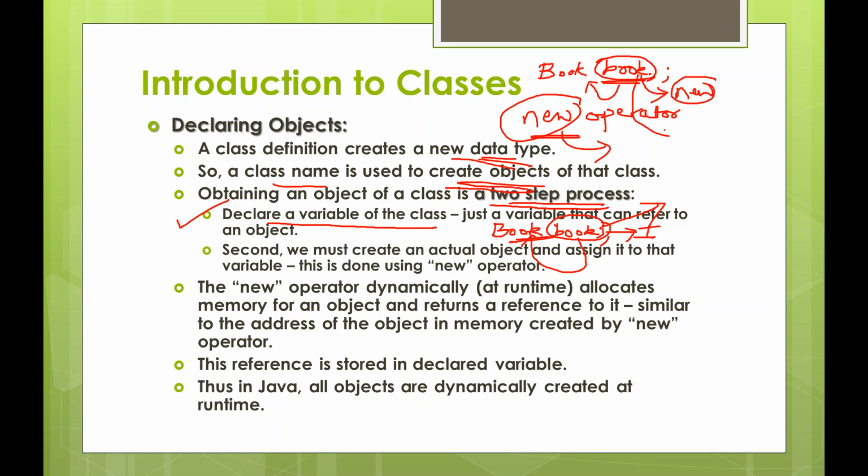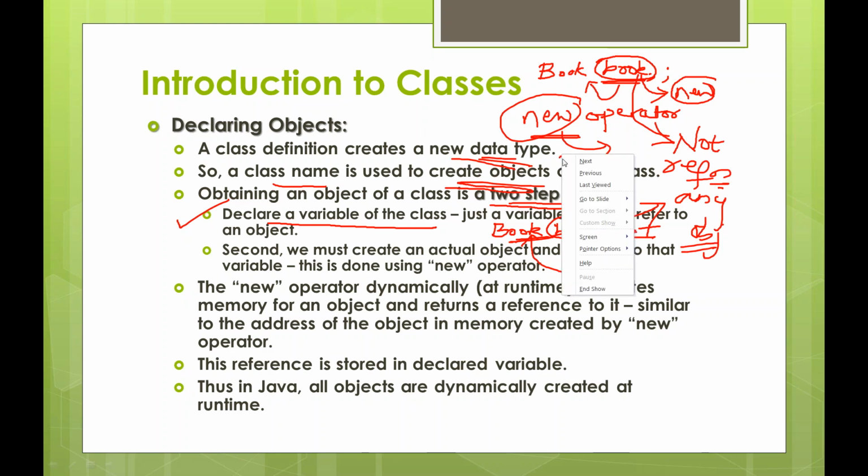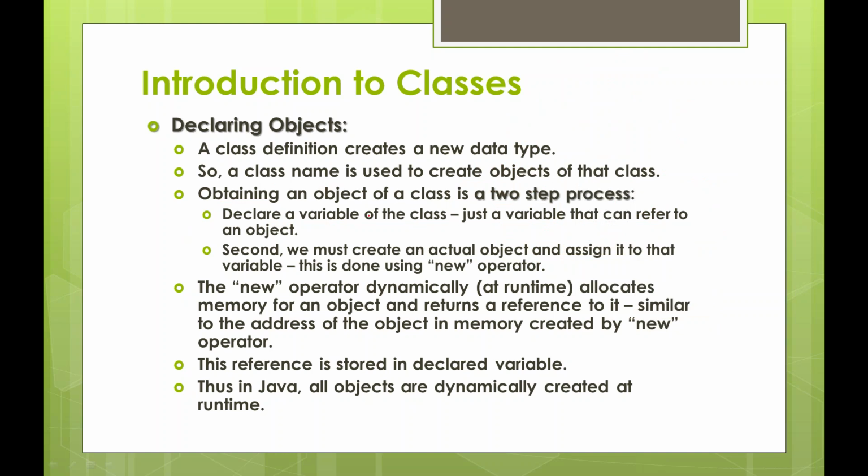That is why this variable is not yet referring to any object. So the first step is just to declare a variable of the particular class.